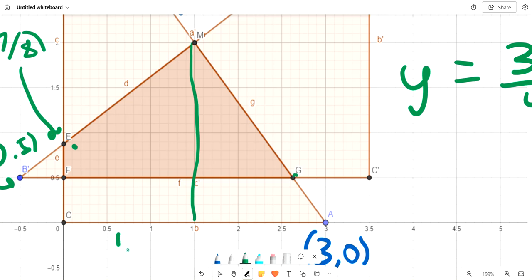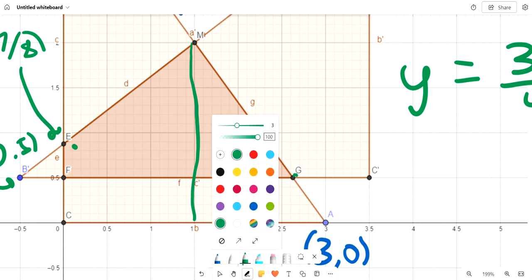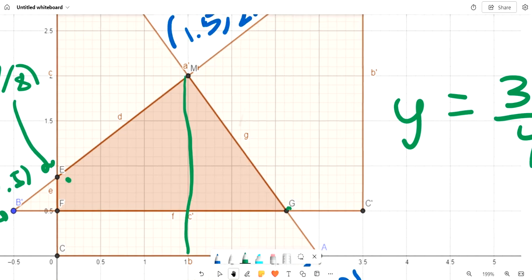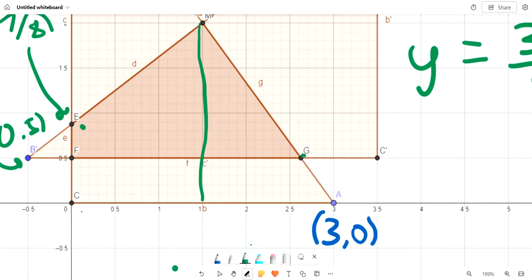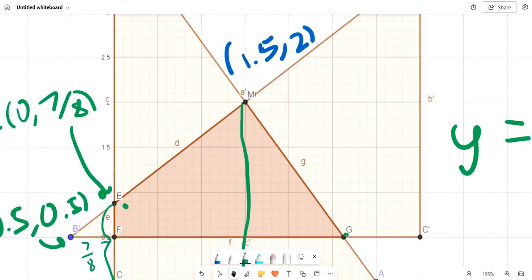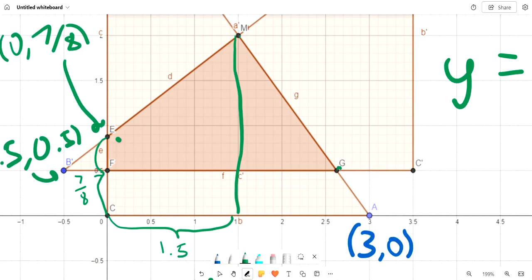And so we already know this is 1.5, because it's just a straight drop down from M and the x coordinate is 1.5. And because the y coordinate of point E is 7 over 8, then we know that this is 7 over 8. Finally, we know that this is just 2 because the y coordinate of M is 2.